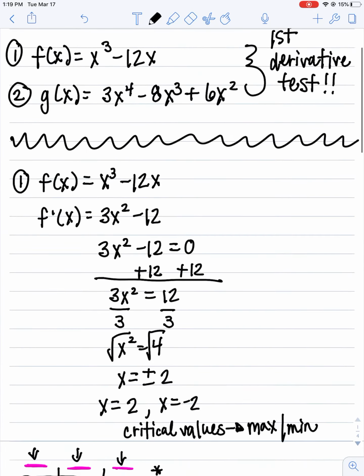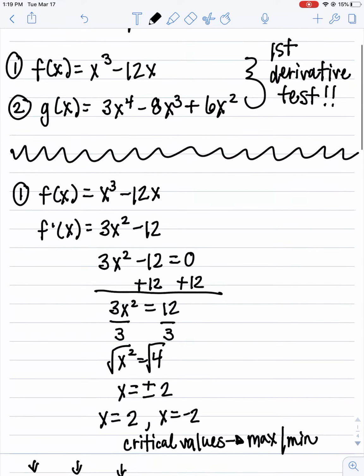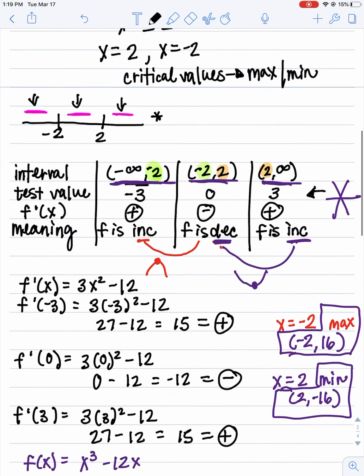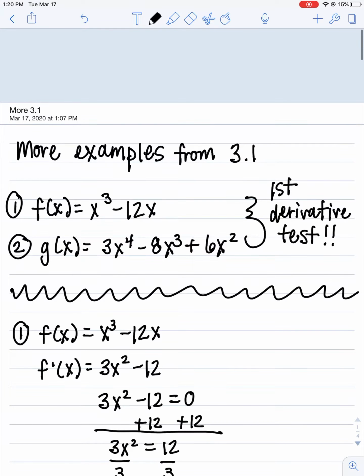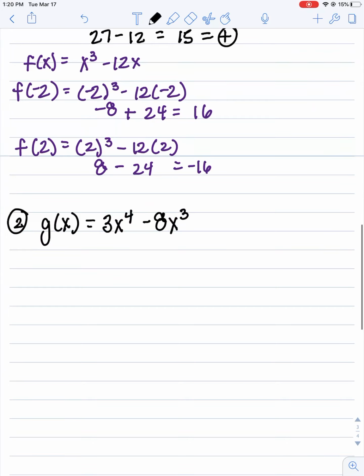And so now let me go to black and let's do example 2. Number 2, g of x was 3x to the 4th minus 8x cubed plus 6x squared.